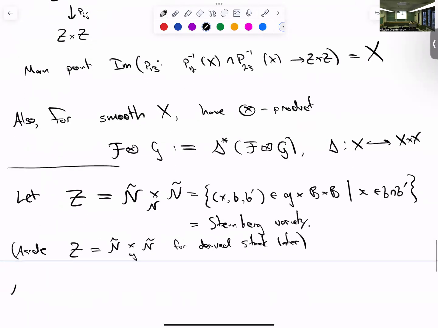Okay, so here's the main theorem. The K-theory of Steinberg is the Hecke algebra, and moreover, it's an isomorphism of algebras.